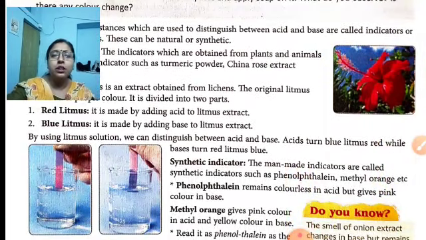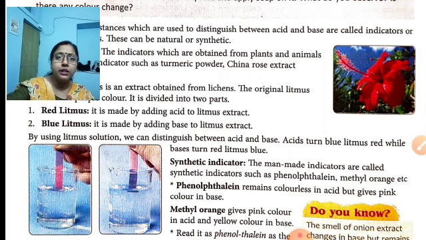So by using the litmus solution we can distinguish acid and base. If we put the blue litmus into acid and it turns red, then it means it is acid. So acid turns blue litmus red while bases turn red litmus blue. So that is about the natural indicator.